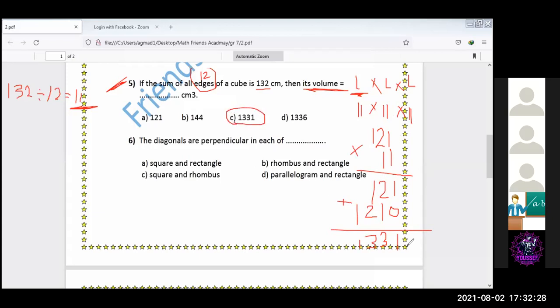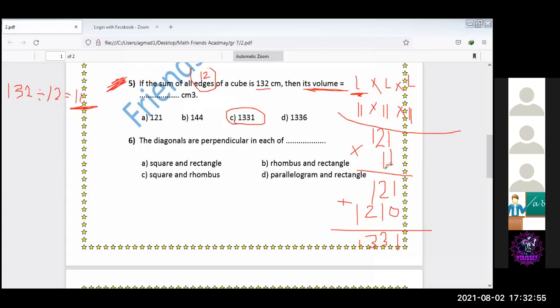Thank you, Arwa. Do you have any question, grade 7? No. All of you got it? Miss, why do we add 1,210? Habibi, here I multiply 3 digits by 2 digits. If you multiply 121 by 1, it gives you 121.